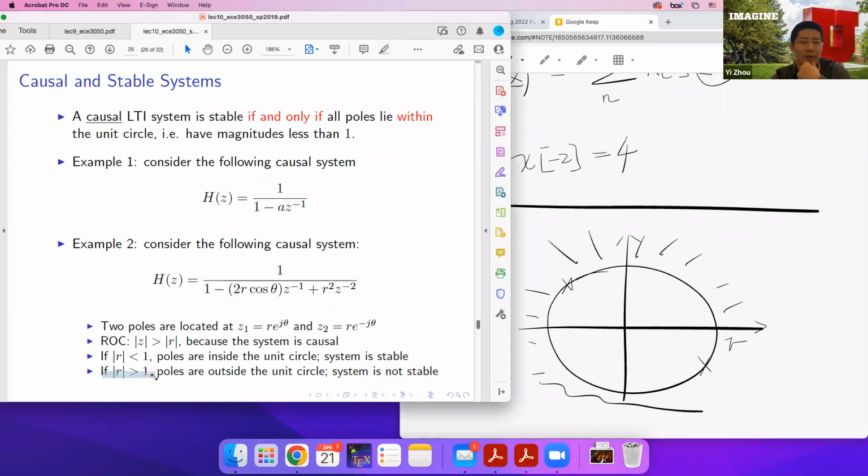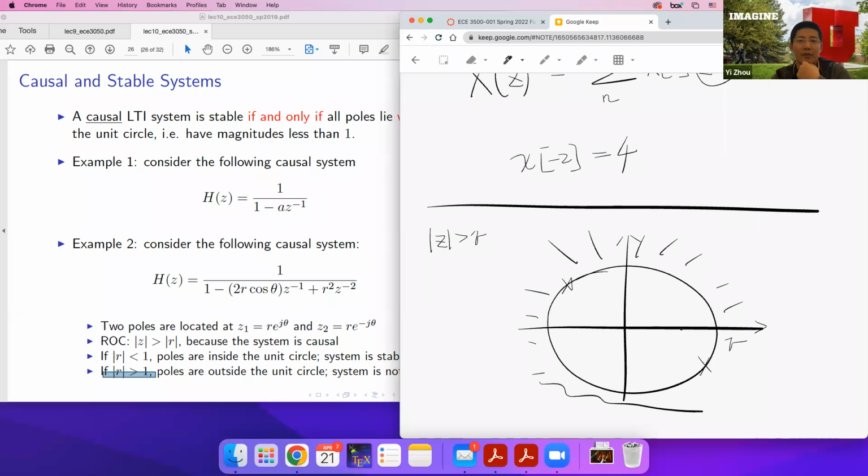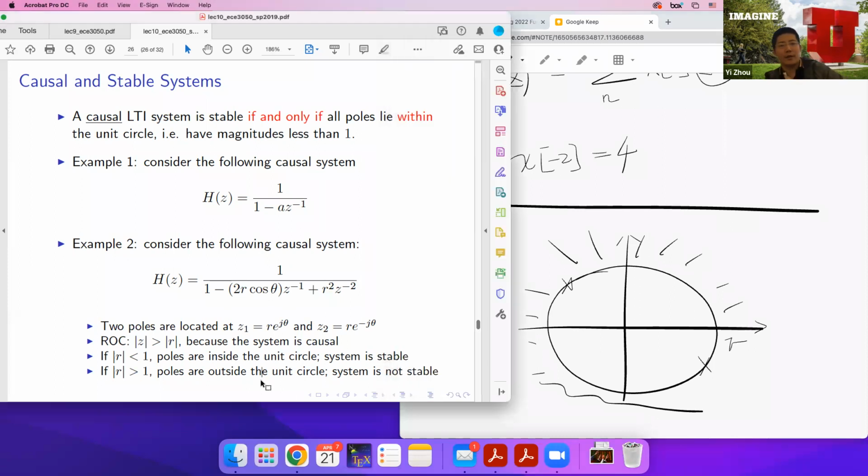Otherwise, if this r is bigger than 1, then 1 should be inside this circle, so that the ROC will not contain the unit circle. And in that case, the system is not a stable system. Okay, so here the stability is related to the unit circle in the Z-plane.